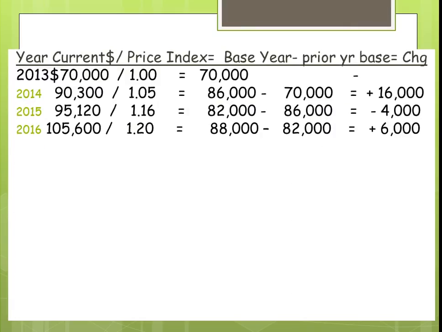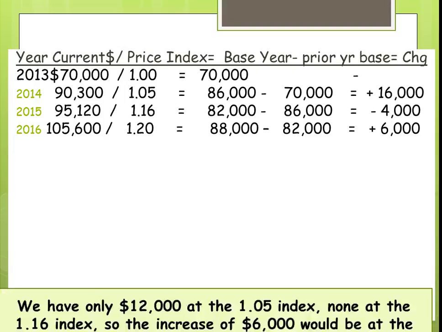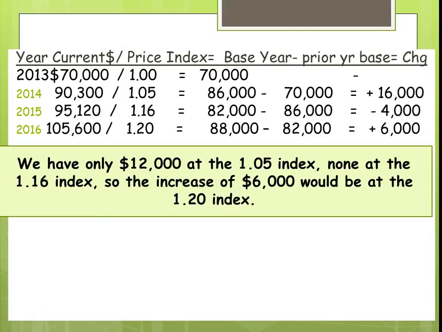Now we're going to do 2016. Again, in this case, it went up by 6,000. However, we have to remember we only have 12,000 at the 1.05 index and none at the 1.16 index, so the increase of 6,000 would be at the 1.2 index.